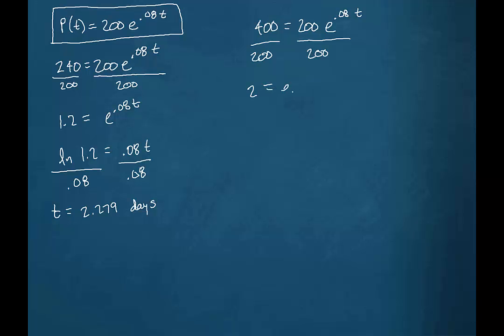So 2 equals e raised to the 0.08t. We will rewrite this in its log form. The natural log of 2 is equal to 0.08t. Divide both sides by 0.08.